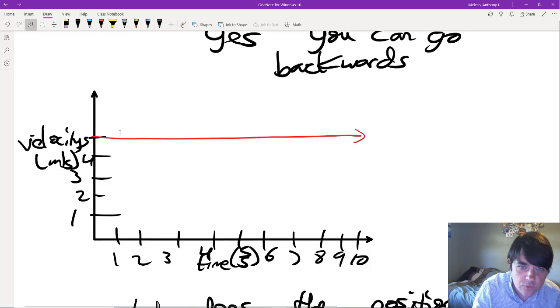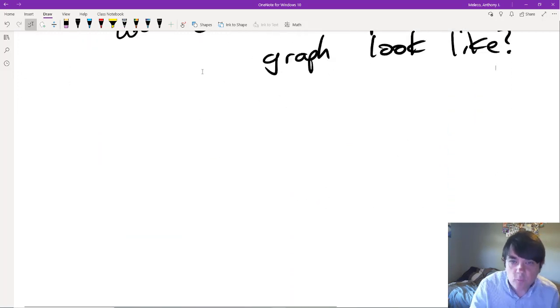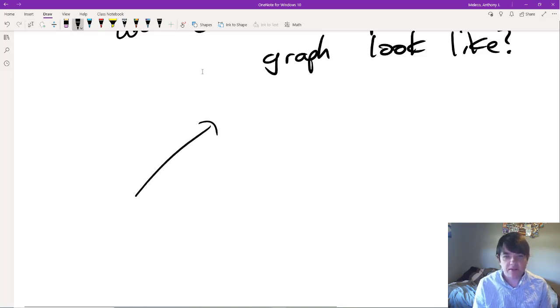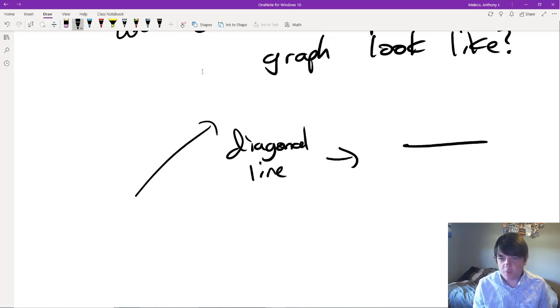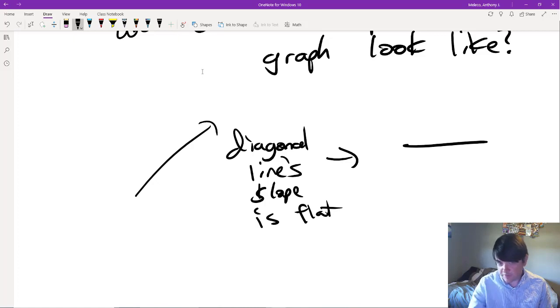And so if it's a horizontal line and it's the slope of position, we know that our main line will look like this. It'll just be a diagonal line, because a diagonal line has the slope of a horizontal one. Diagonal lines, slope is flat. And so we'll know it'll look like this.